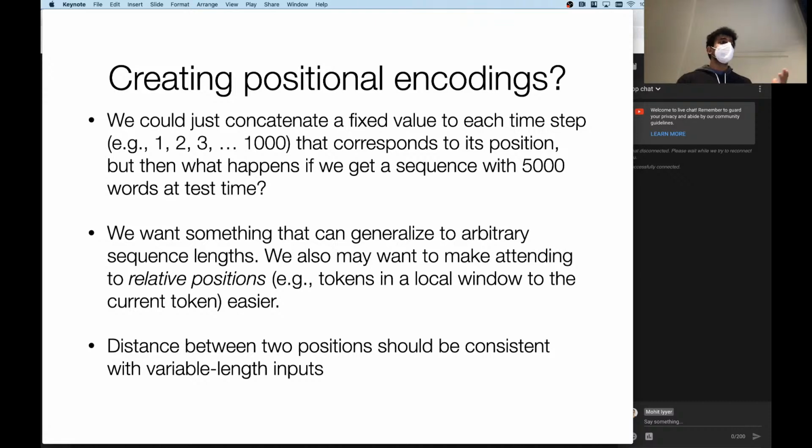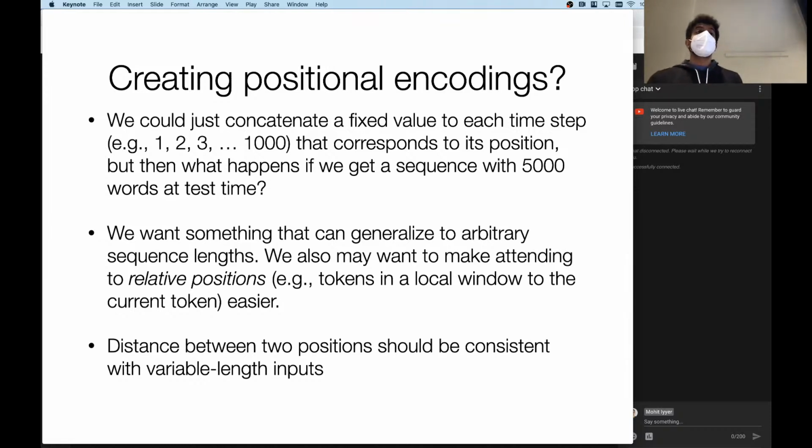Those are going to be learned through backprop. And at test time, this model is not going to be able to handle any sequences that are longer than 2048 tokens. So this is the simplest thing that you could do, but it also has limitations, right? The sequence length can't really extend easily past the maximum sequence length that the model was trained on.